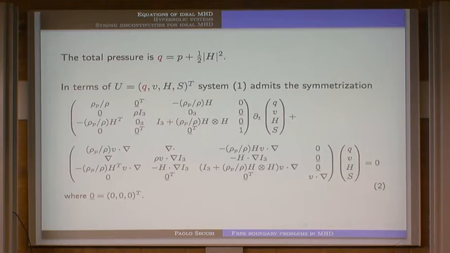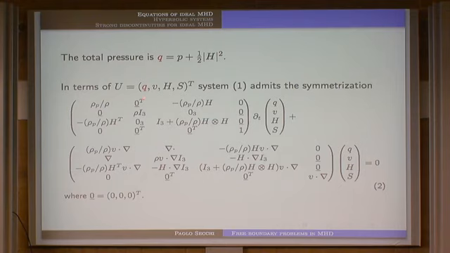We can symmetrize using the pressure, but also using the total pressure. And the total pressure is this one, the sum of the thermodynamic pressure plus this one, which is called magnetic pressure.